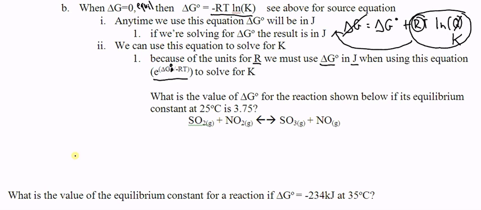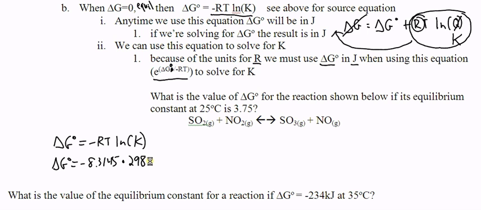Standard free energy is going to equal negative RT natural log of K. So change in standard free energy is going to equal negative 8.3145 times 298, because temperature better be in Kelvin, times the natural log of 3.75.